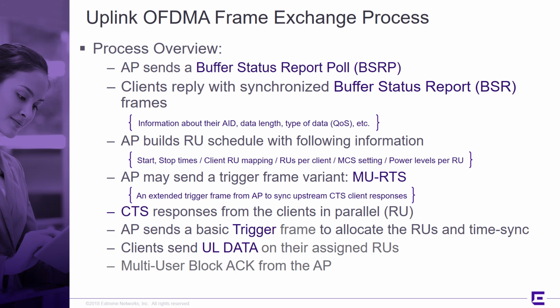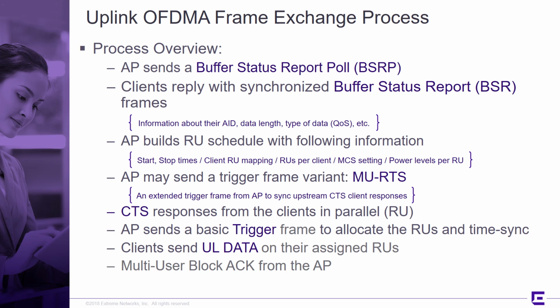The AP is going to build its RU schedule and then send that down to the stations with start and stop times, which means they have to transmit for the same length of time, which clients will be on which RUs, and their MCS settings, the power levels per RU, and so on. So they're very specific in how the clients should transmit uplink.